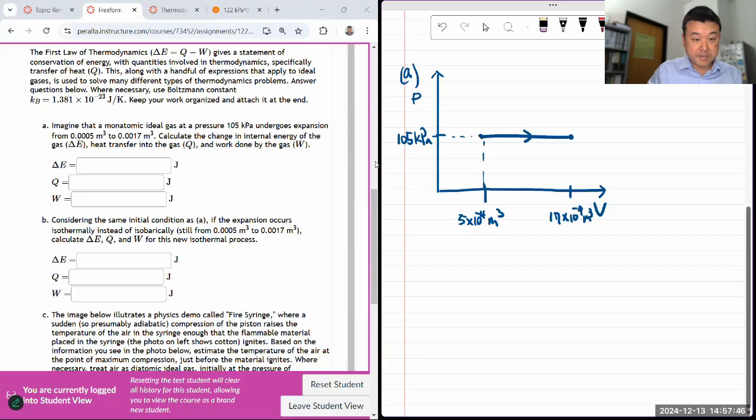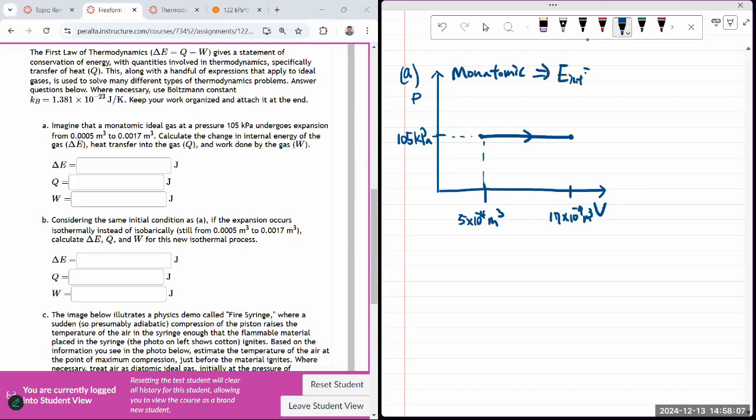Good? So it says calculate the change in internal energy of the gas, heat transfer into the gas, and work done by the gas. Internal energy is easy. Let's make sure I know what type of gas. It said monatomic. And monatomic is important because that implies the internal energy is given by 3/2 NkBT.